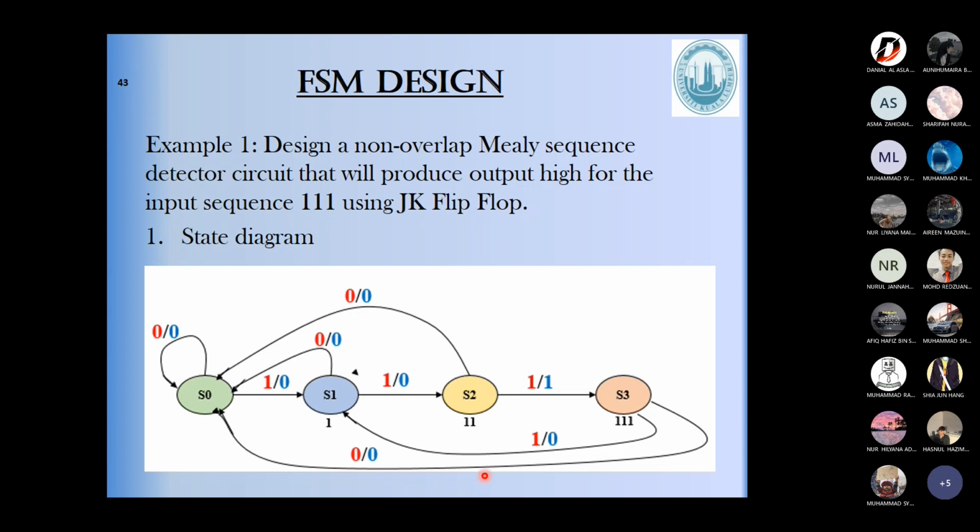So, kita dah detect 2 kali. But bila non-overlap, then the fourth one cannot be considered as the second detection. So, 1, 1, 1, bila dia jumpa 1, dia kena pergi ke state yang mana dia jumpa 1 yang pertama. So, dia pergi ke sini. Output is 0. Okay, so that is how you draw them.